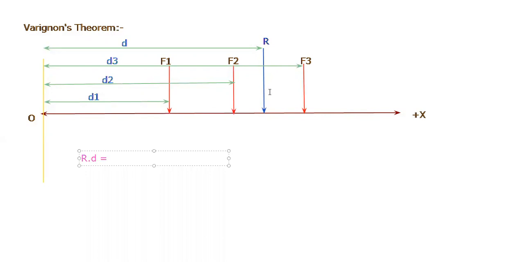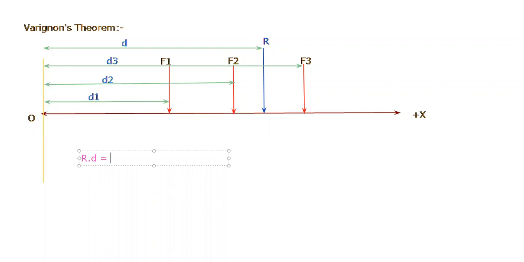R into d is the moment caused by the resultant at the point O. Remember this thing: your R is going in clockwise direction. All the forces F1, F2, F3 are in clockwise direction. You can see this here.